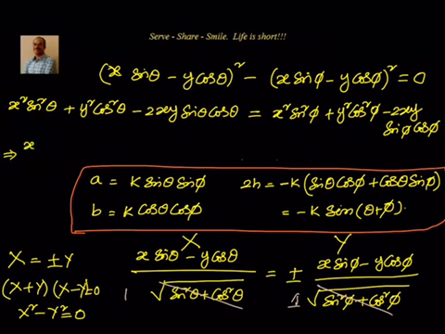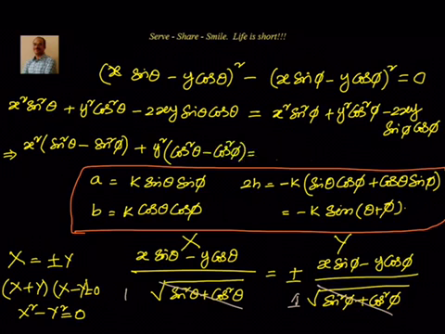So can I write down x square into (sine square theta minus sine square phi), that comes from the right hand side, plus y square into (cos square theta minus cos square phi), again cos square phi comes from the right hand side, equal to 2xy into, from the left hand side I get sine theta cos theta, so can I write down (sine theta cos theta minus sine phi cos phi).